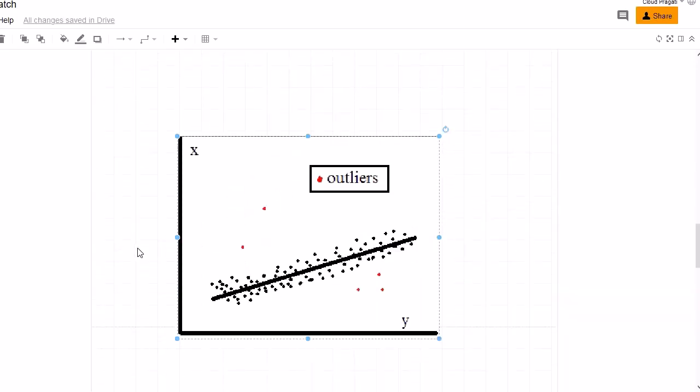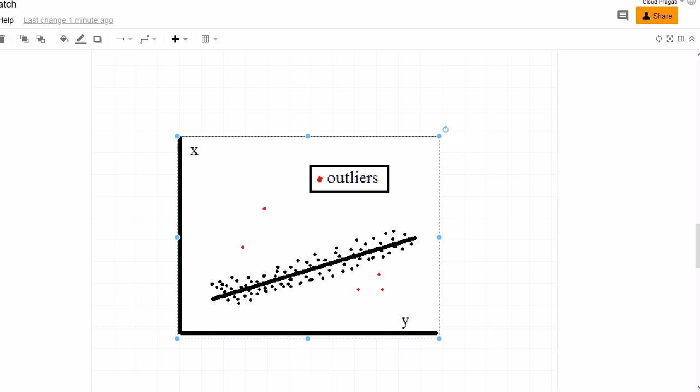If you closely look at this diagram, it is a scatter plot for XY data points, and here you will find that some of the observations reside very far from the mass of the data. Over here we have about 5 outliers, which are very far from the actual mass of the data. These data points which are far from the mass are called outliers, and outliers always affect the data analysis process.